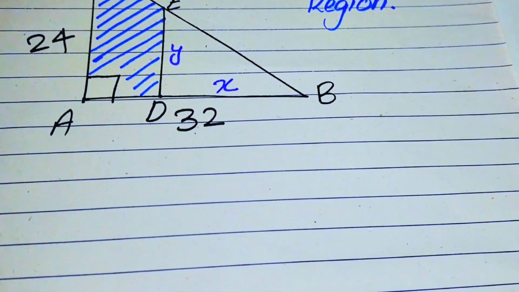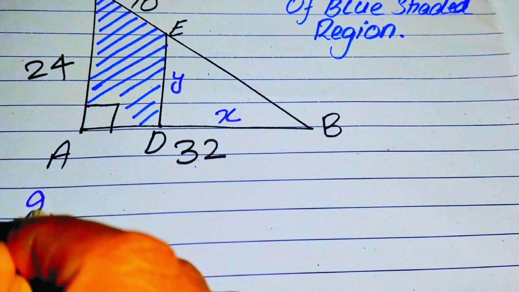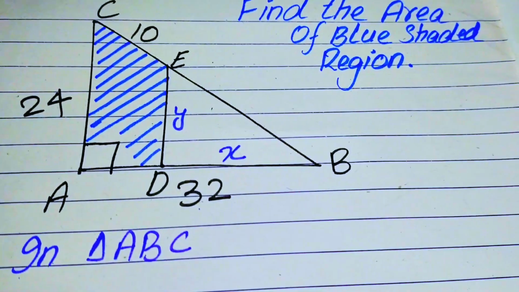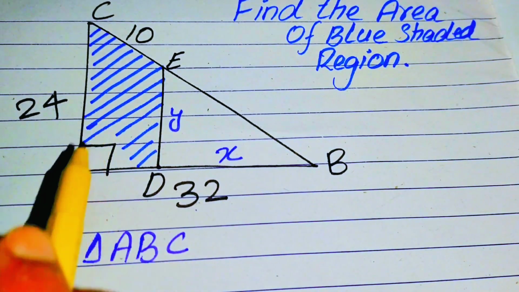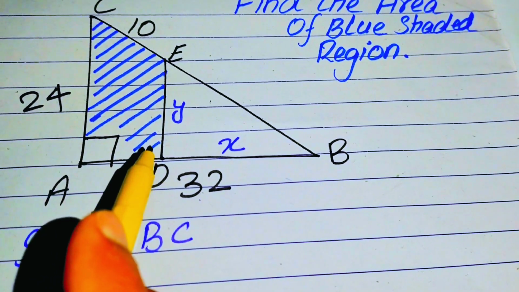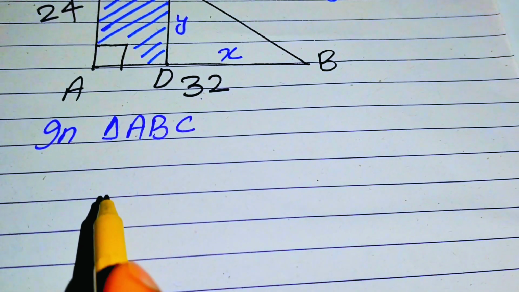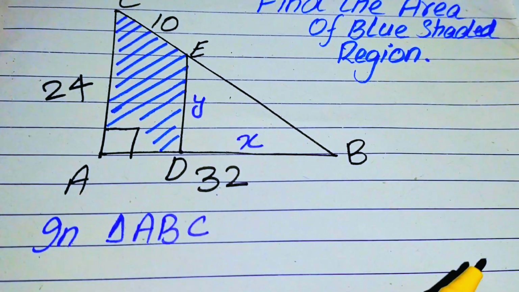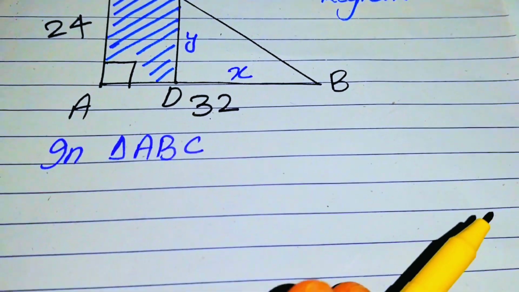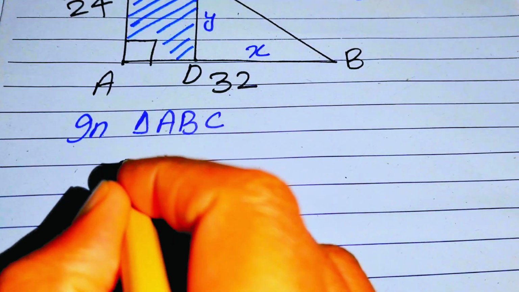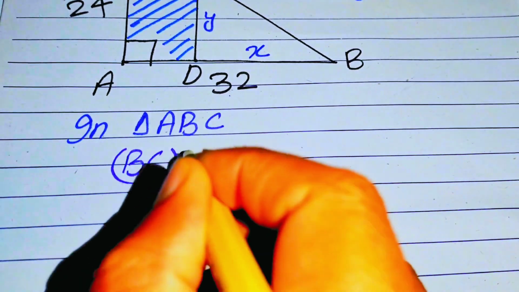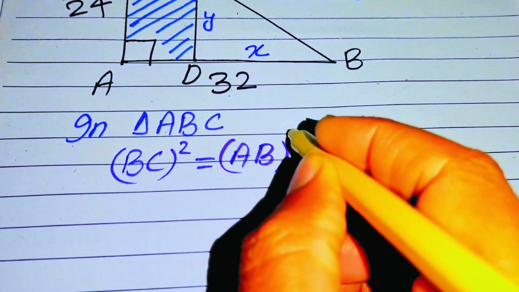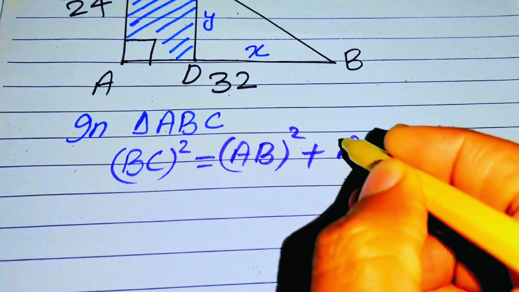By the Pythagorean theorem, first we focus on the right triangle ABC, the bigger triangle, and the Pythagorean theorem will be written in this form: BC square equals AB square plus AC square.